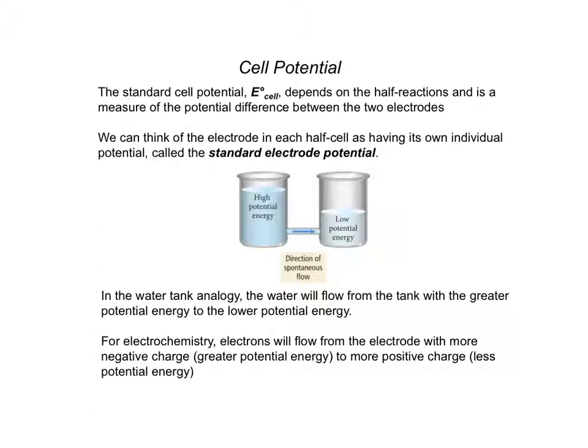It's important to note that there is not an absolute electrode potential, right? If we isolated one of the half reactions by itself, it wouldn't have a potential. It doesn't exist. It has to be in conjunction with another cell so you actually get a difference in potential between the two. It would be nice, though, if we did have some sort of singular electrode potential for all of our various half reactions.